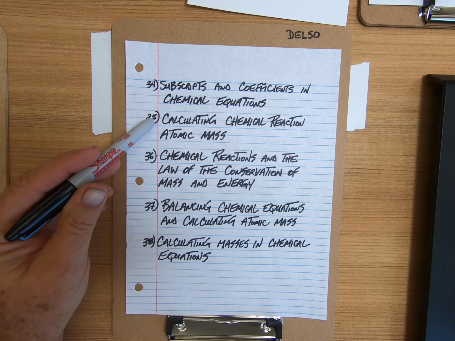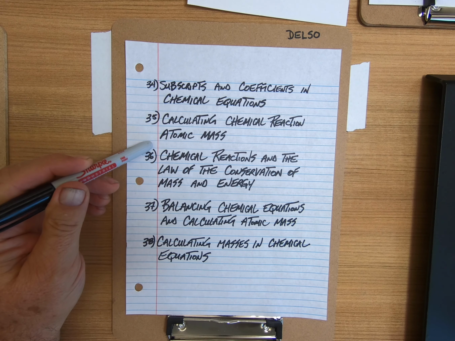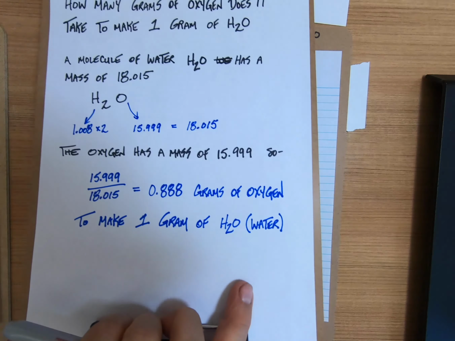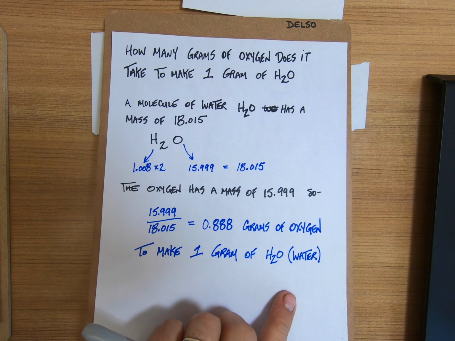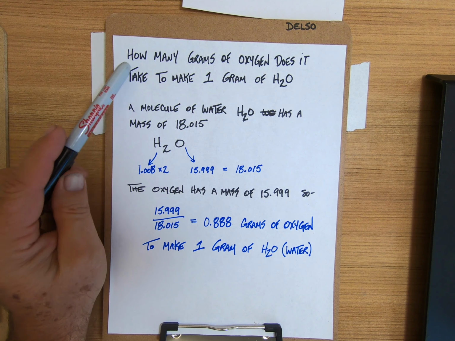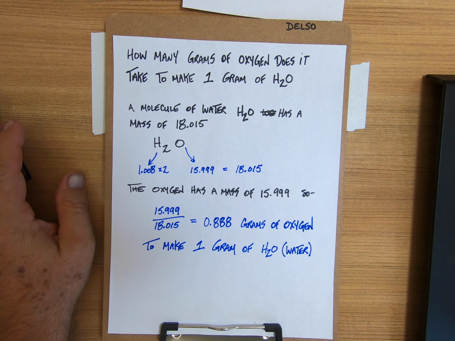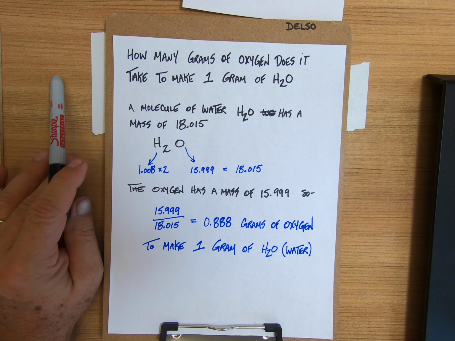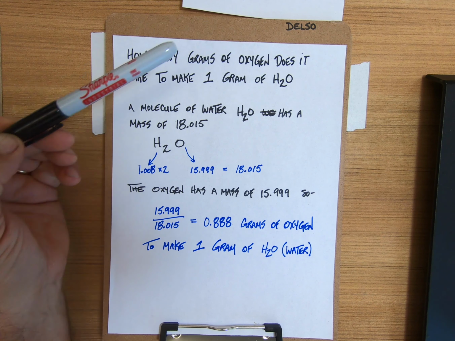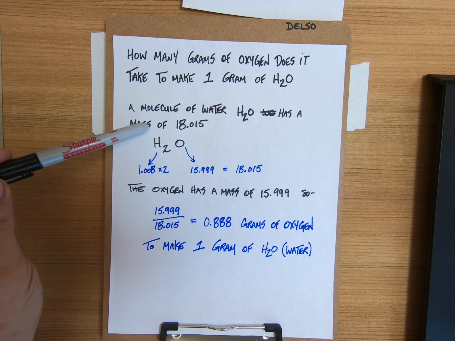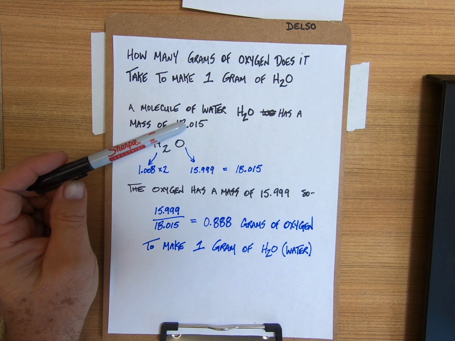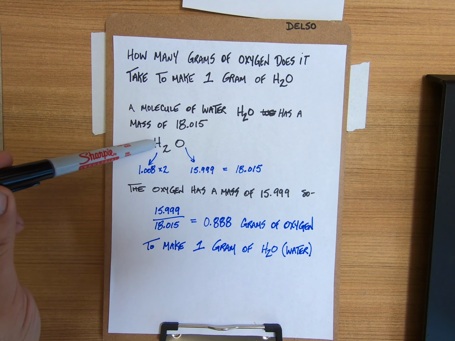Calculating chemical reaction atomic mass. This is probably the hardest skill that we're going to do on this test. How many grams of oxygen does it take to make 1 gram of water, H2O? The first thing you have to do is find out how much a molecule of water weighs. In this case, a molecule of water weighs 18.015 atomic units. It has 2 hydrogens.